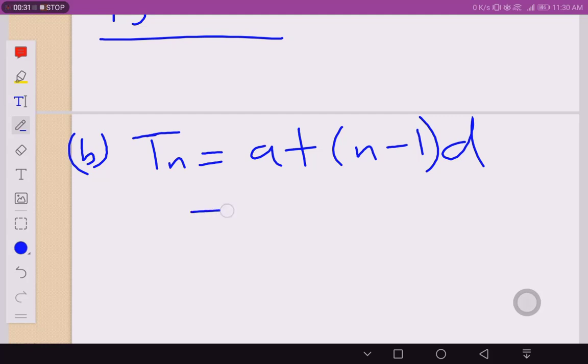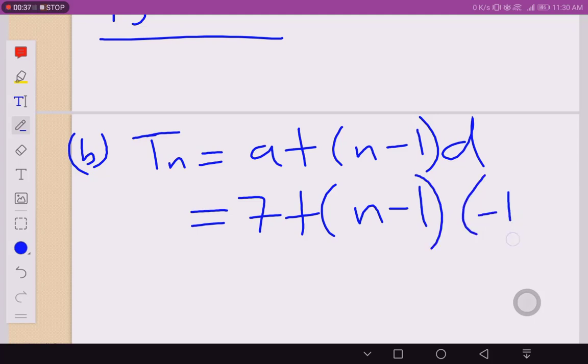So we can have it as 7 plus n minus 1 times D, which is minus 1,5.